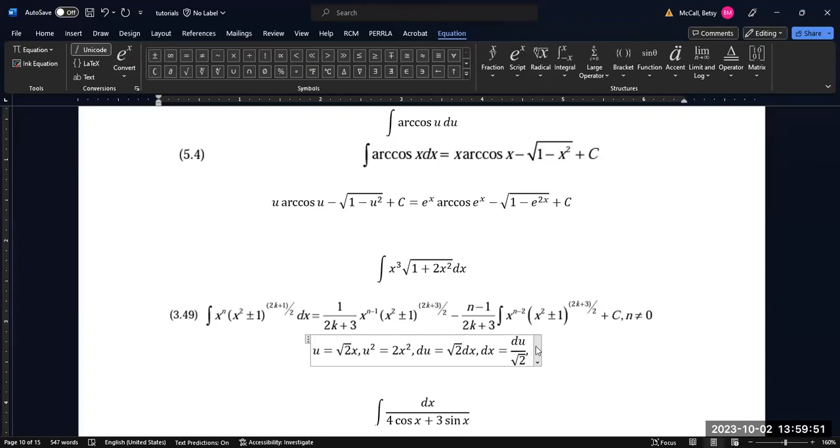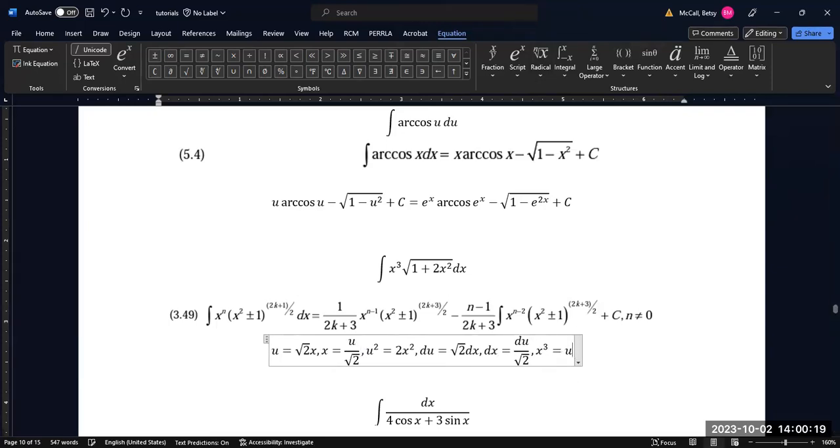And that also means that x is going to be u over the square root of 2.